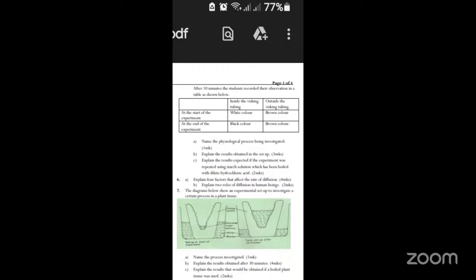And finally, explain the results expected if the experiment was repeated using starch solution, which has been boiled with dilute hydrochloric acid. A very good question. I repeat, explain the results expected if the experiment was repeated using starch solution, which has been boiled with dilute hydrochloric acid.